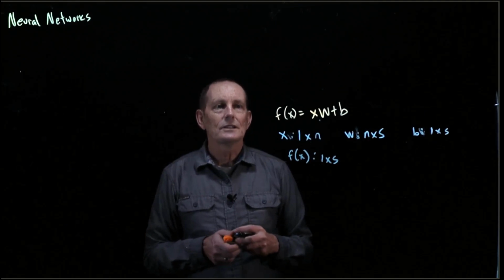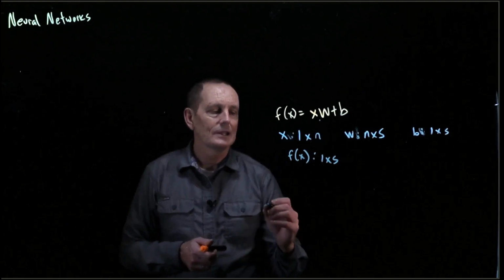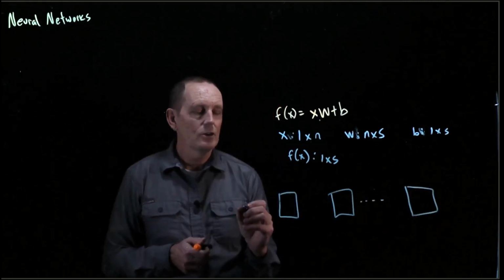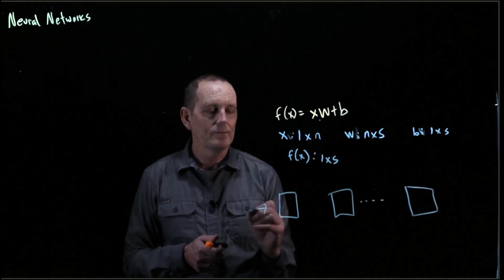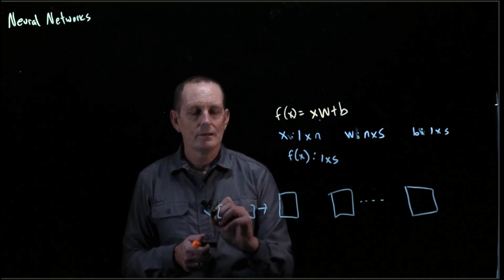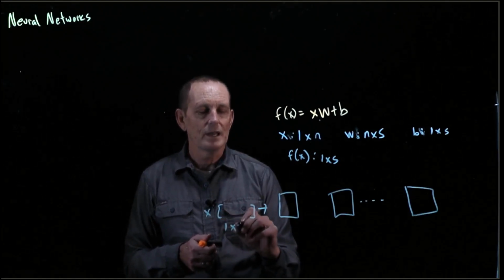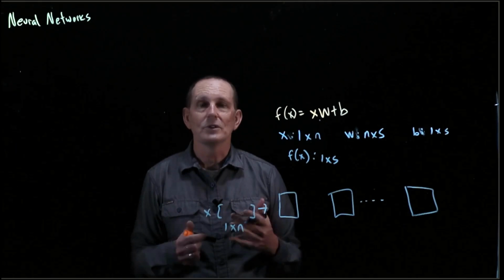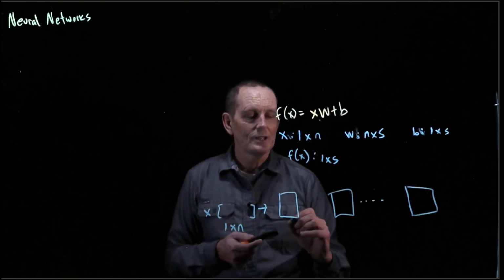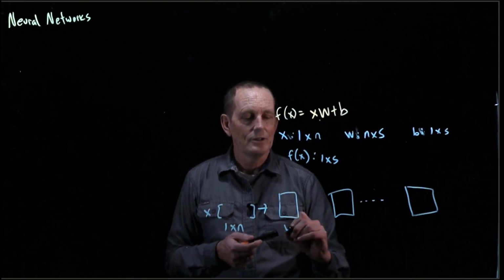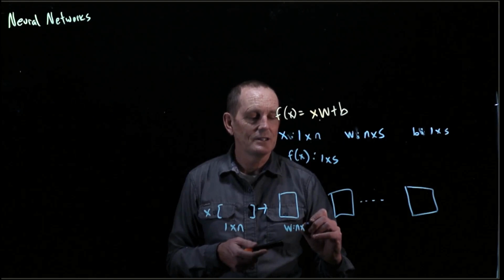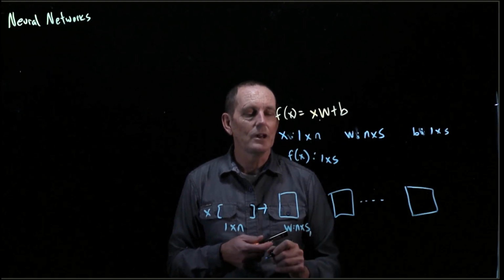What we do in neural networks is we make various layers. So we have coming in an x that is a 1 by n, so however many inputs we have. And then this goes through a matrix of n by some size, let's call it S1.